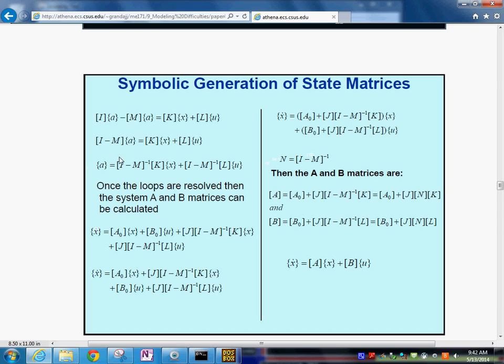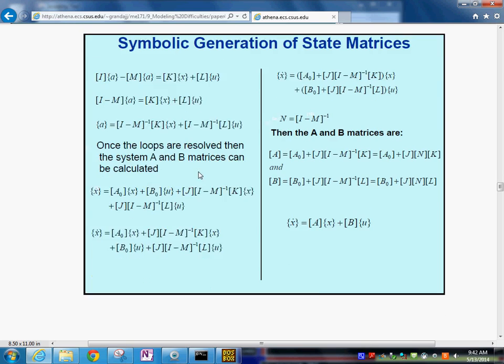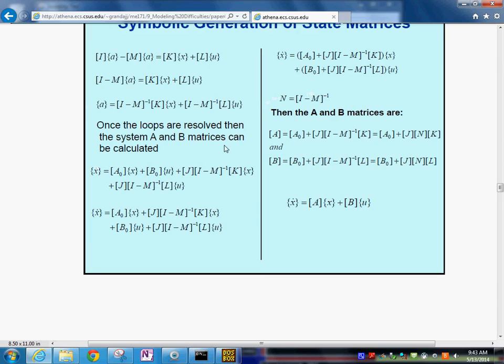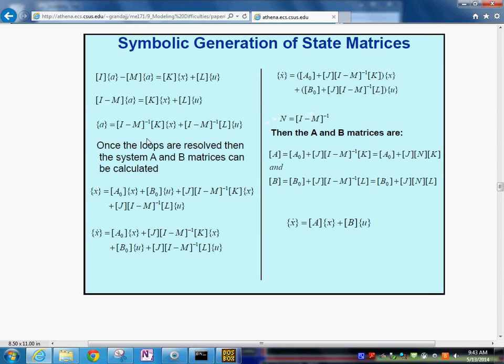Multiply by the inverse of this. It's a similar operation we did to get rid of the derivative form, and we produce these matrices. Once the loops are resolved, then the system A and B matrices can be calculated, because this a now is calculated in terms of the states and the input.